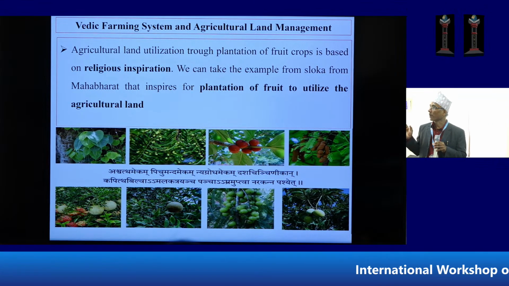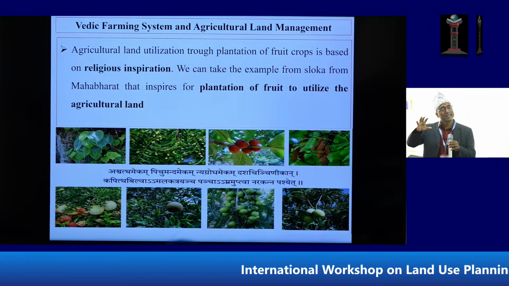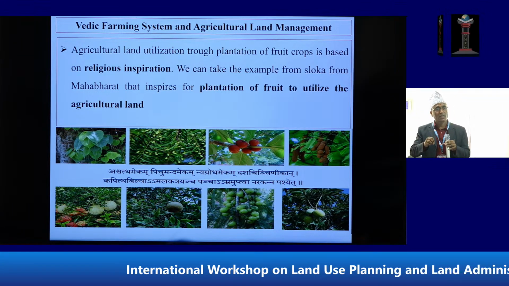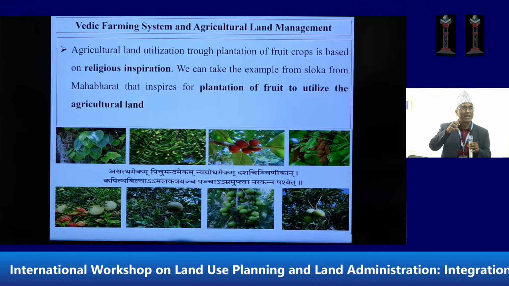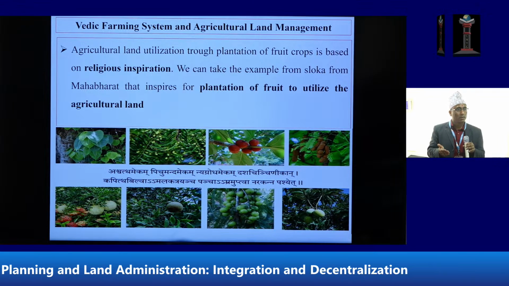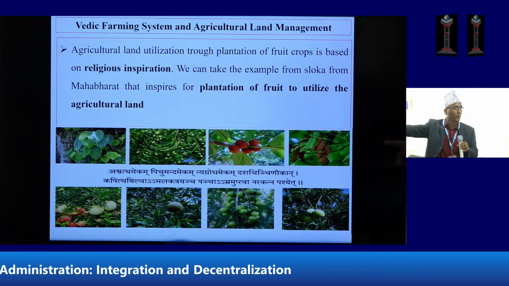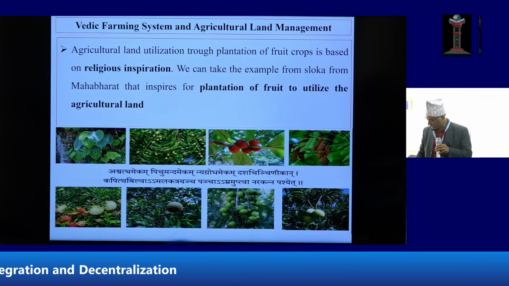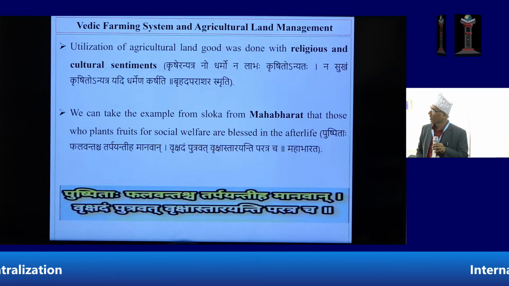So plantation of crops is a religious inspiration. Vedic culture, Vedic civilization, and Vedic texts always inspire us to utilize the land by planting different types of fruits. This is taken from different Puranas.